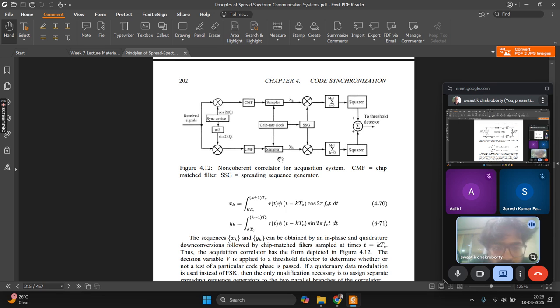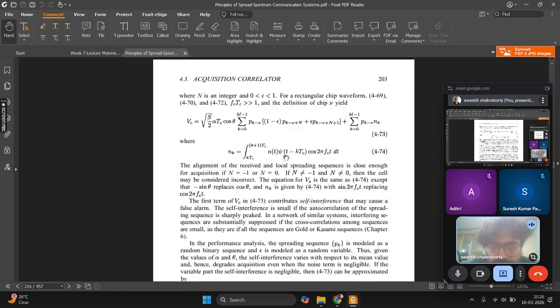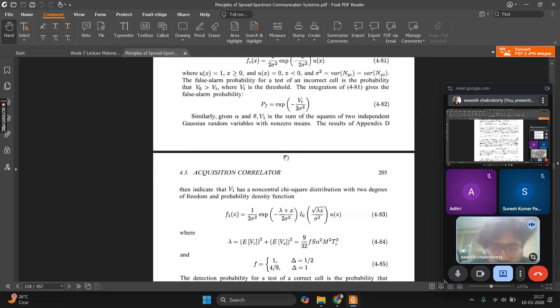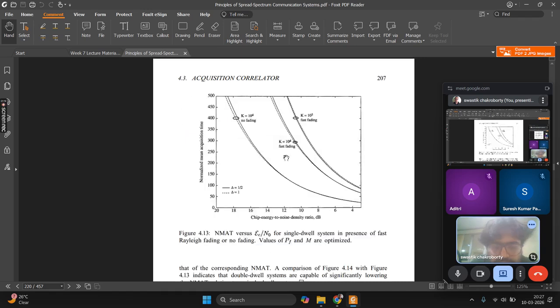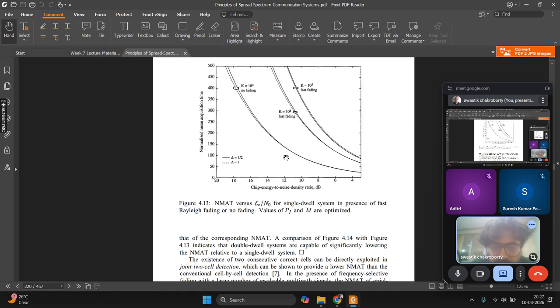This is the acquisition correlator which we have discussed today in a more complex form. You can see this is the Eb/N0 and this is the acquisition time.